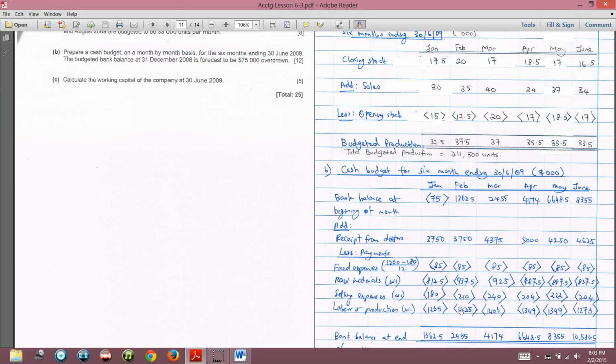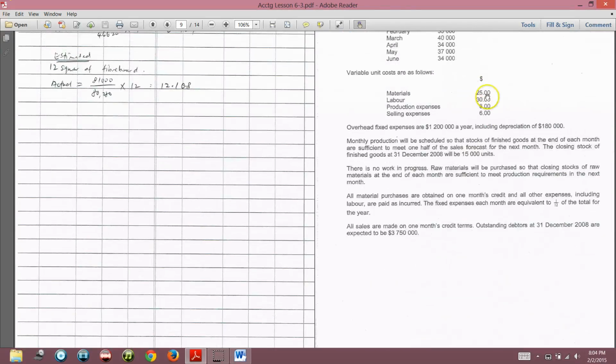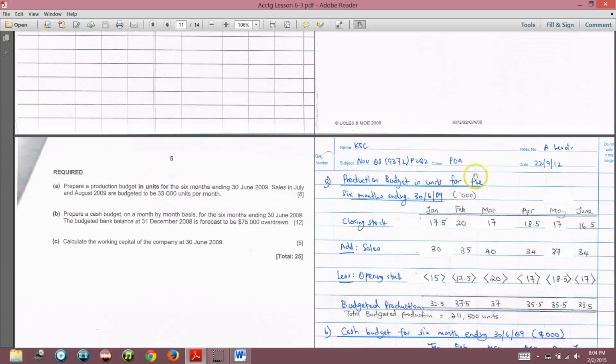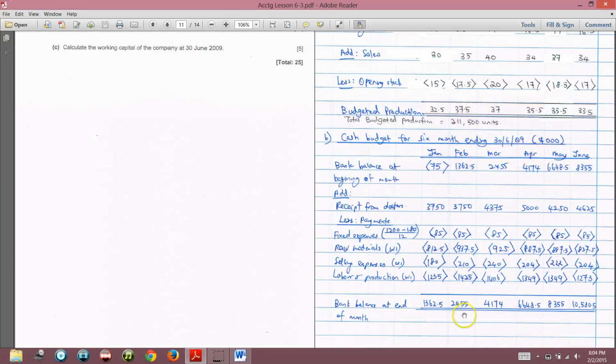I mean in thousands, right? So the purchase that is for February production will be paid in February itself. That's why this is 937.5, because 37.5 times 25 is 937.5. All these figures are in thousands.